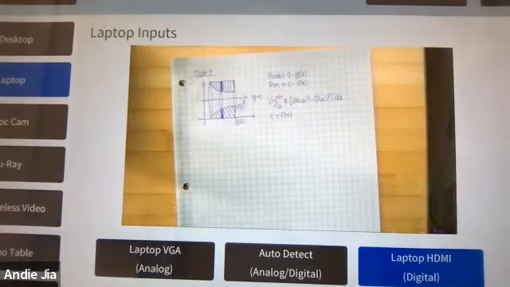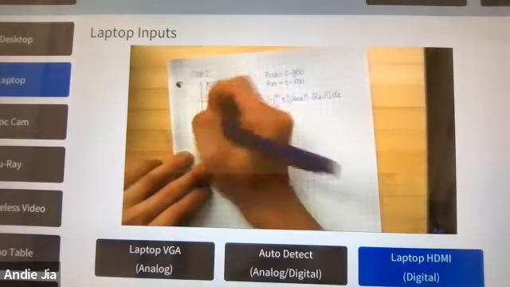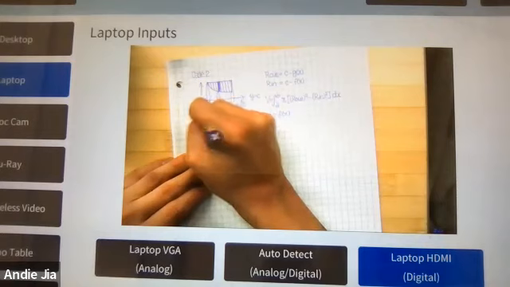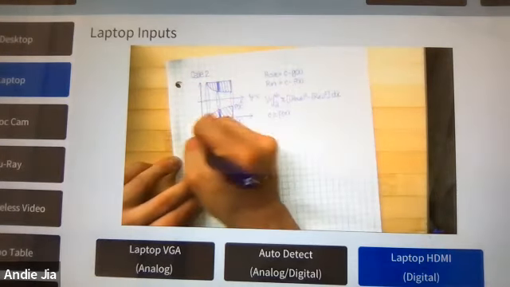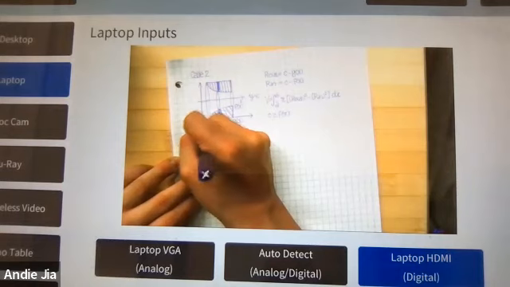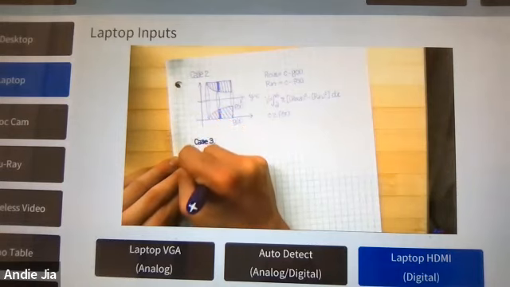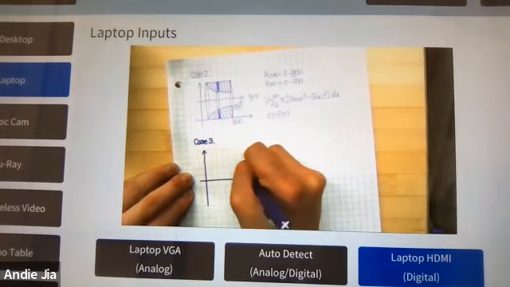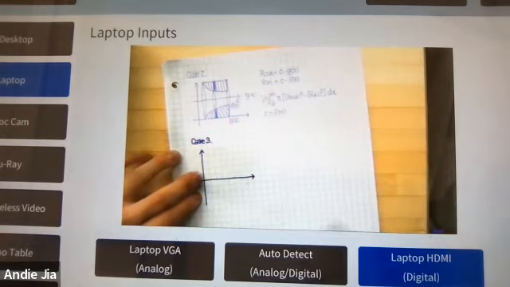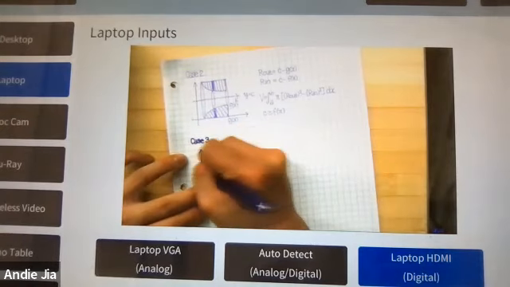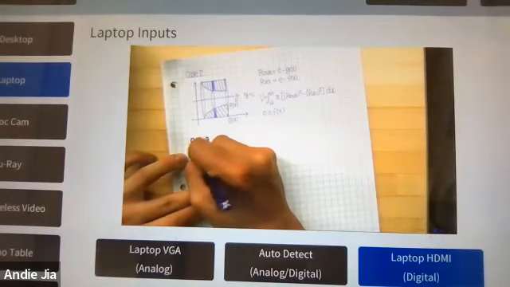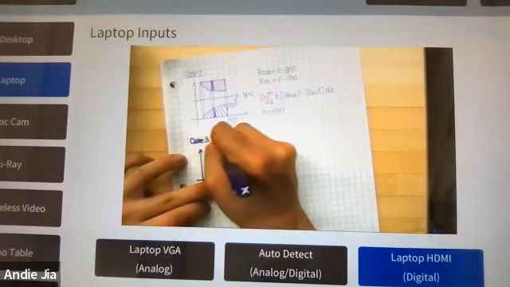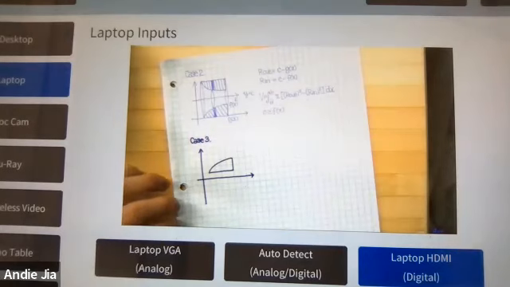Case 3. If you have a region that is like this, perhaps, sorry, I'm just drawing whatever for the same region.